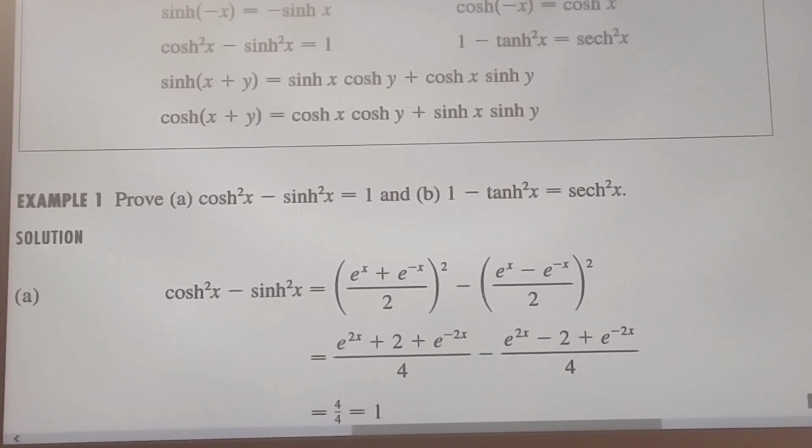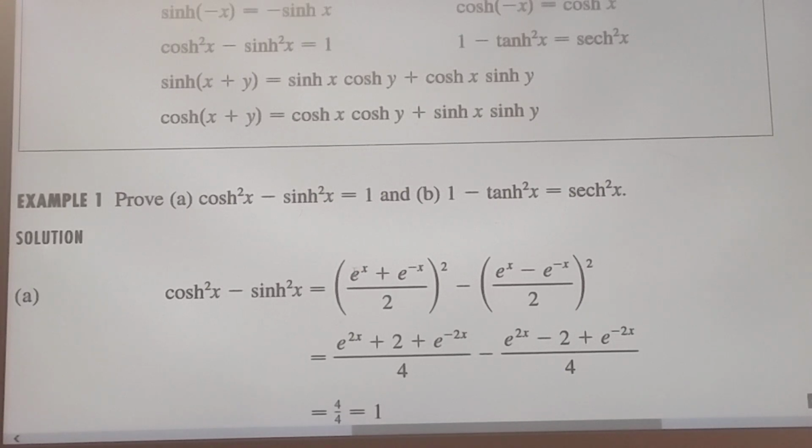Right, don't forget, where did the 2 come from? This 2, where did it come from? Okay, remember it's 2 of the halves. All right, when you square that first term, last term, plus 2 of the halves. So that's where the 2 is coming from. 2 of this times that.